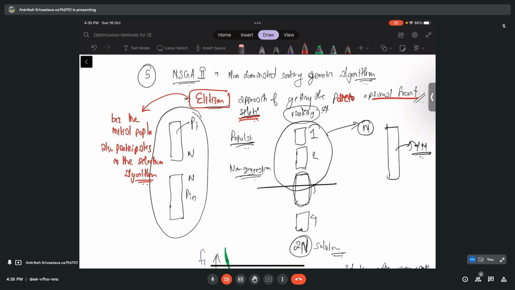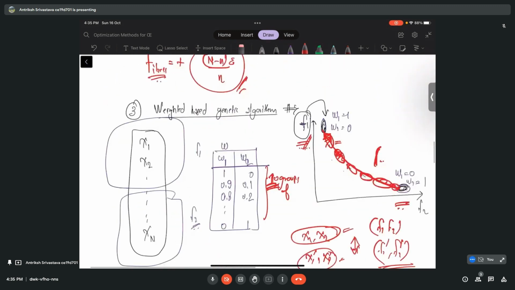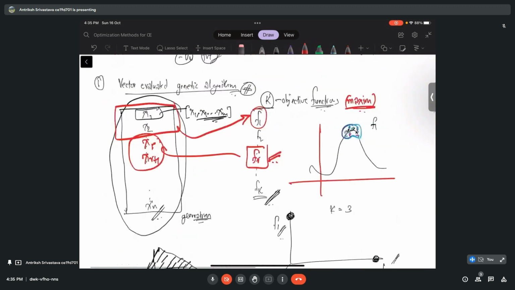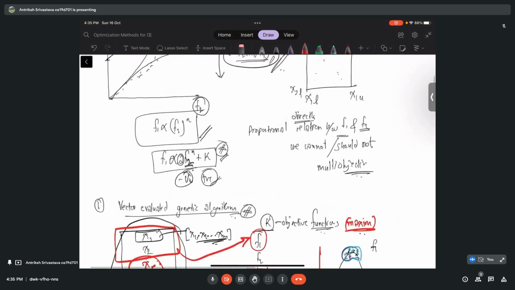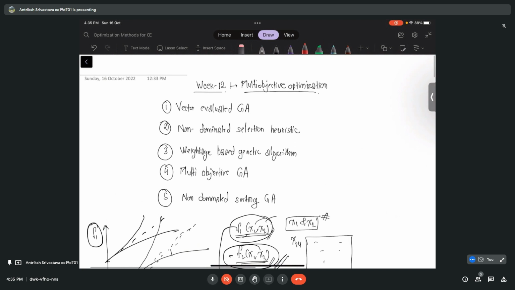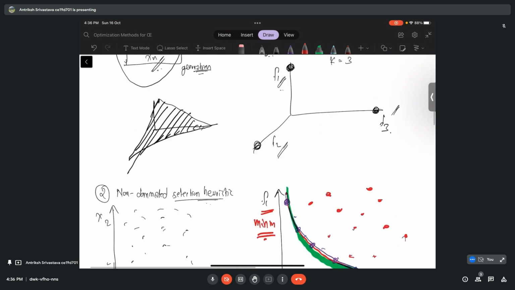We have discussed the concepts of all the very common methods that are used for multiple objective optimization. I apologize for my handwriting. So now we will start coding.